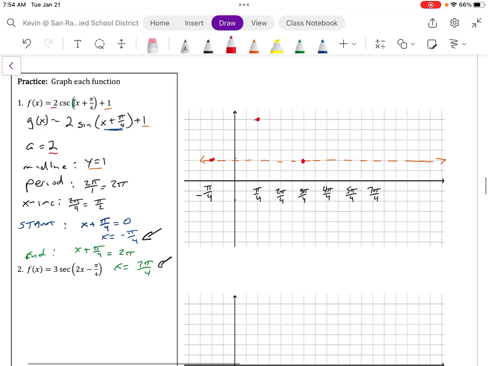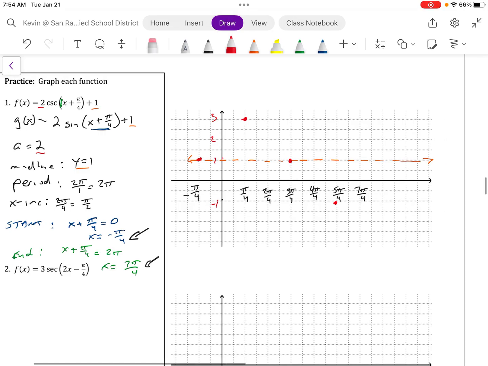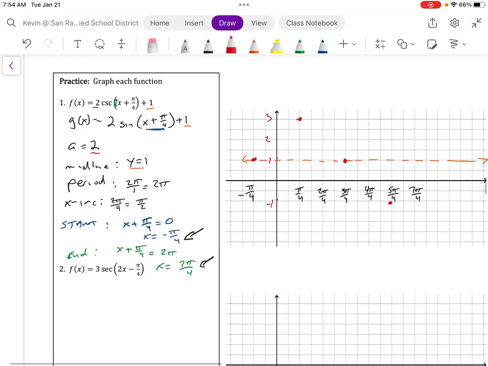So when I come down to my midline, I'm going to go down 2, which is at negative 1.